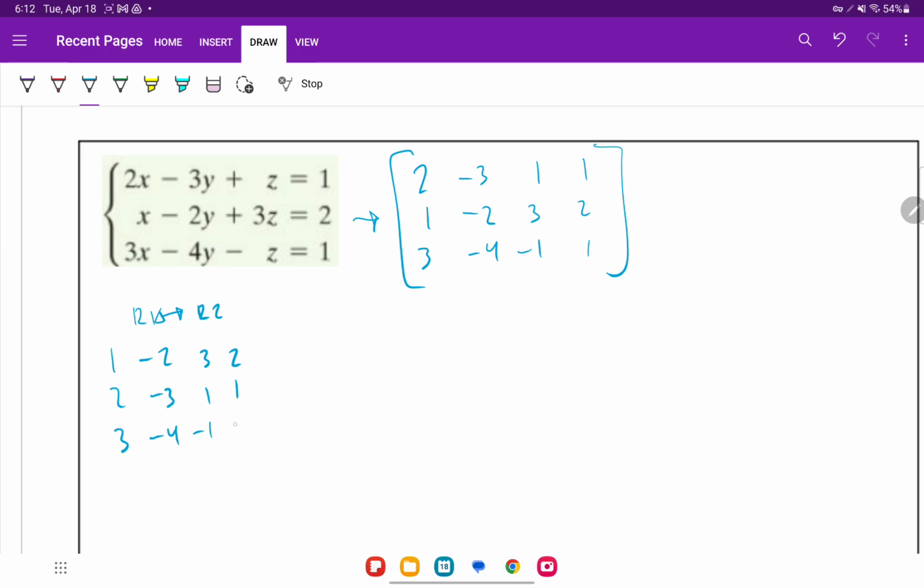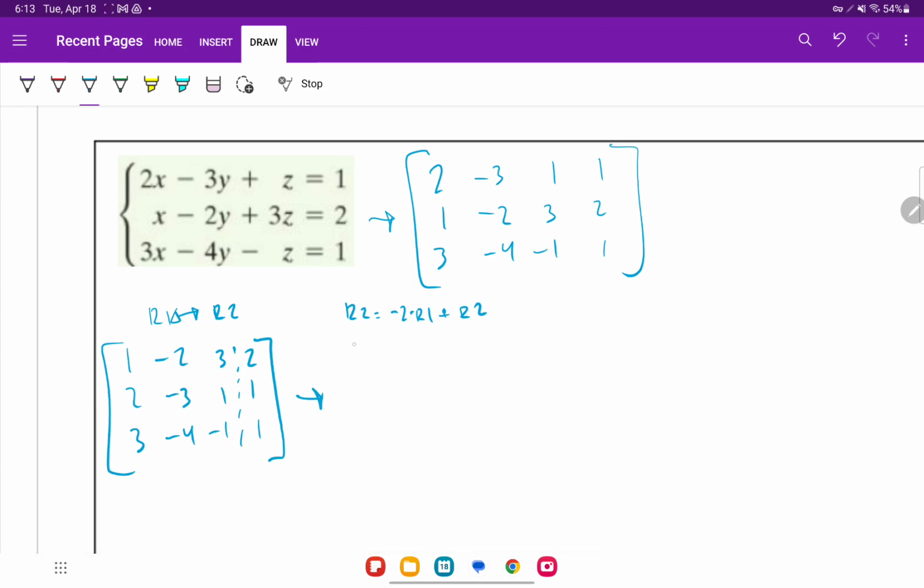All right, so when I interchange those, the top left number automatically became a 1. Now for the next one, I'm going to change row 2. I'm going to take row 1, multiply it by -2, and add it to row 2. So -2 times row 1 added to row 2 should get the 2 in the second column to a 0.